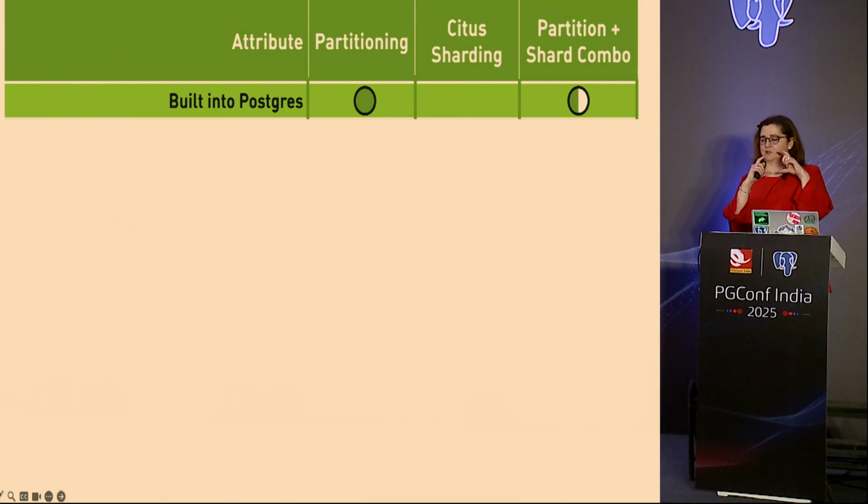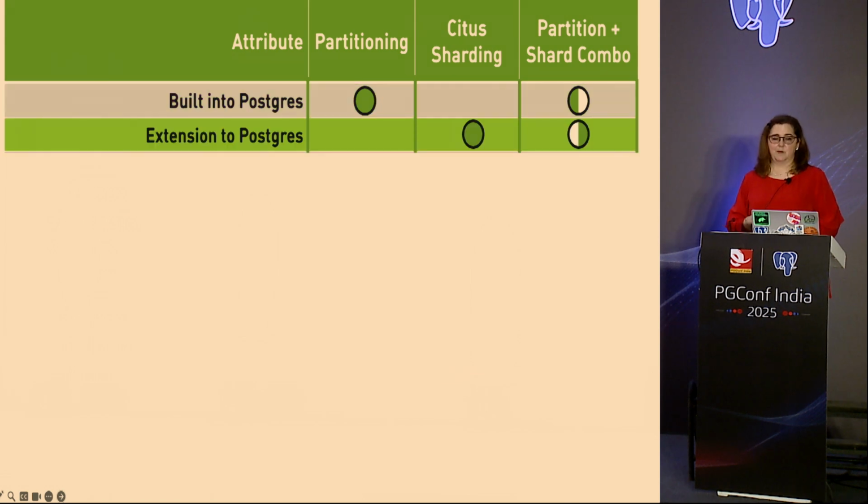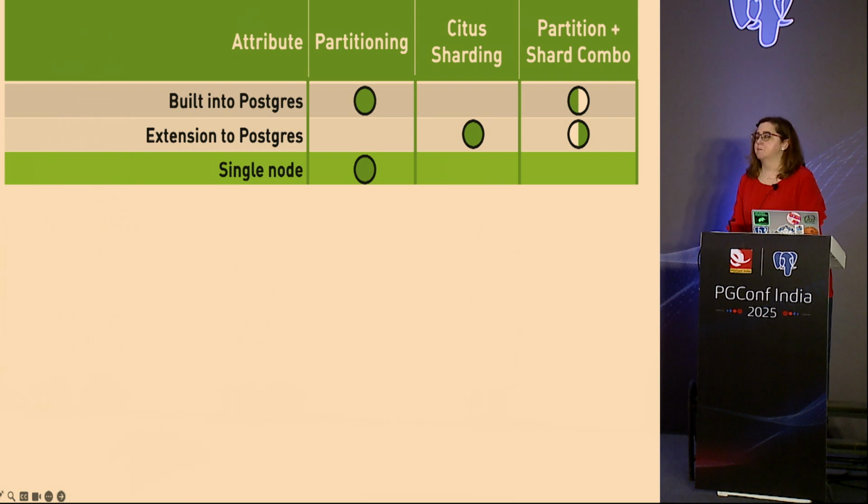If the circle is green, that's good. And if the circle has got white or yellow in it, then that's not as good. In this case, partitioning is clearly built into Postgres and sharding with Citus is not. Citus is an extension of Postgres, so it's getting that green circle, but obviously partitioning is not an extension, and the combo is getting these half white, half green circles. Partitioning is typically primarily used on a single node.